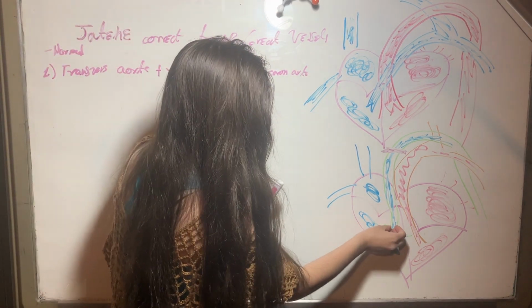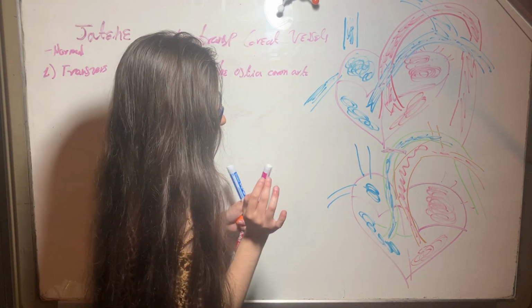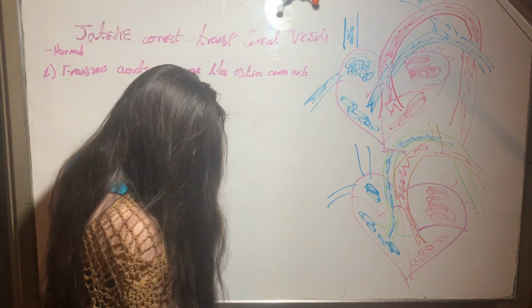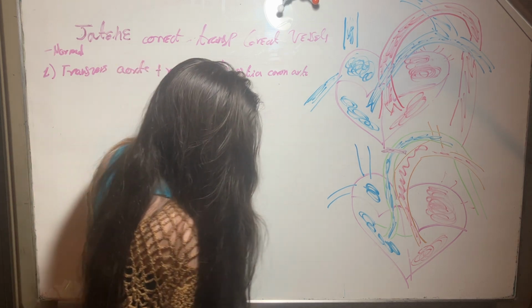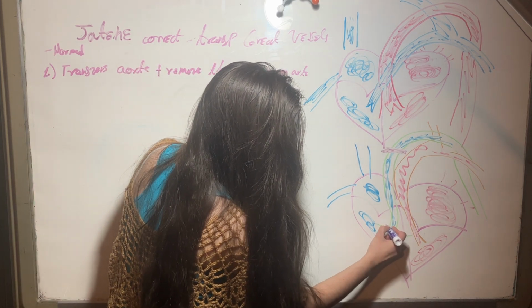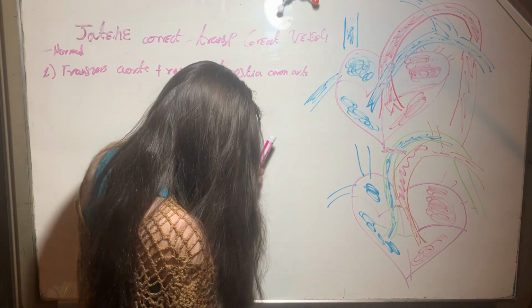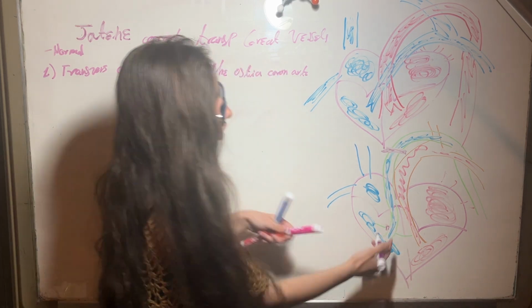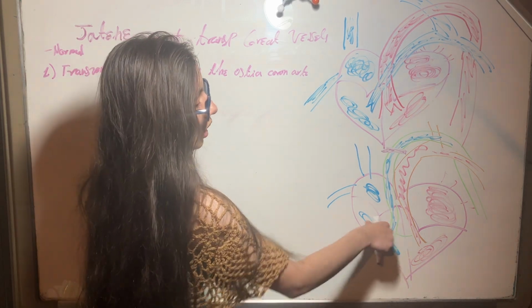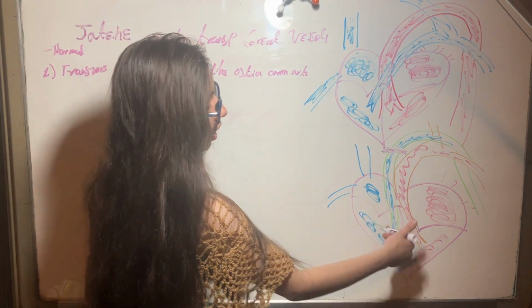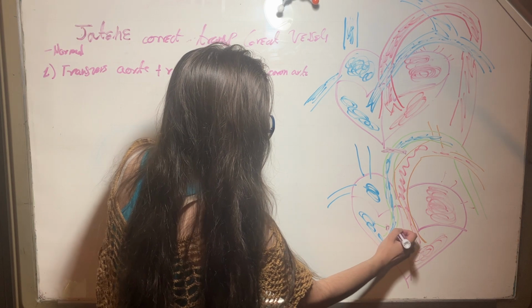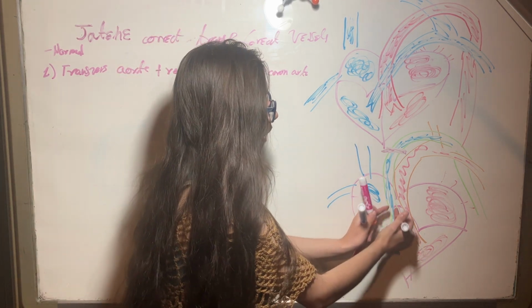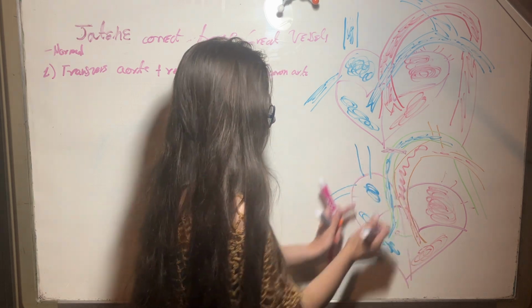So from here the coronary arteries are arising. We do a cut from the side where the coronary arteries are arising to separate the coronary arteries from the trunk or the proximal aorta.